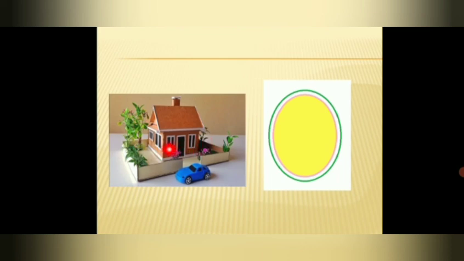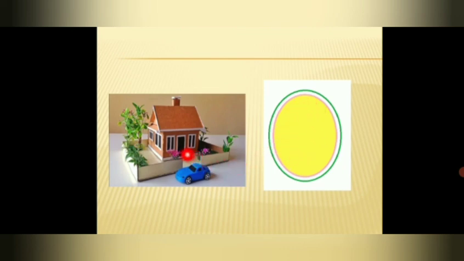We can compare that with the walls of the house. These also have some openings, right? Here a door is there, windows are there. So this is like a plasma membrane. Inside this plasma membrane we have the cytoplasm, which is a medium for the cell organelles, where the cell organelles float.